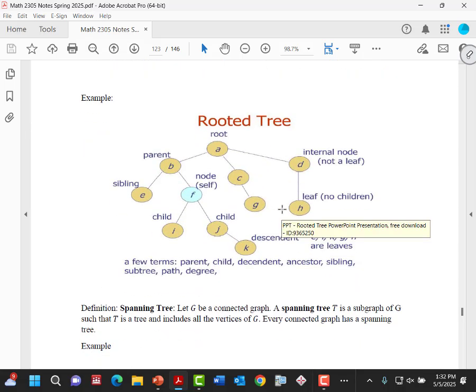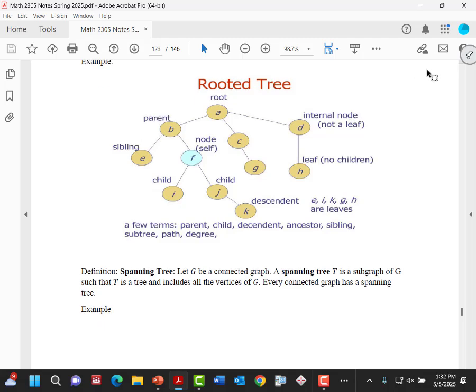So let's take a look at an example. So here's an example of a rooted tree. In this rooted tree, let's pretend that this is where you are right here. We'll call this vertex F, perhaps.